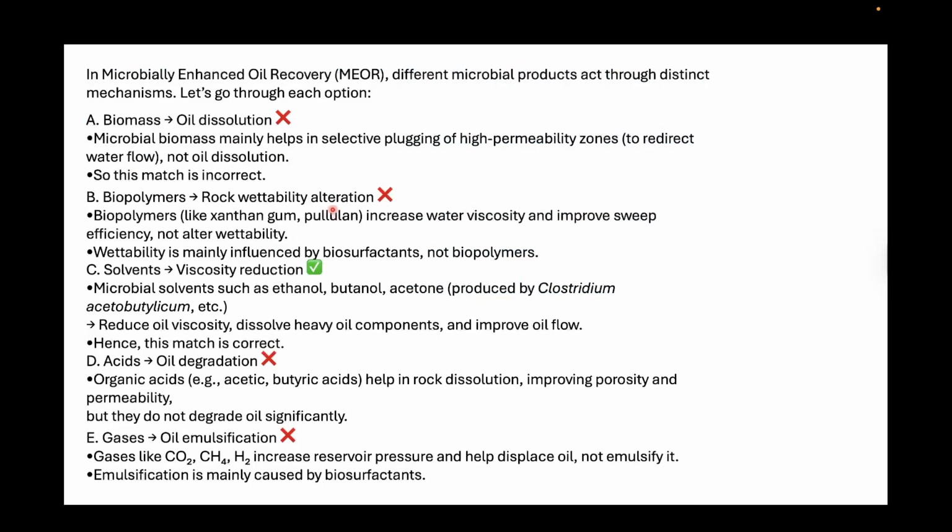Biopolymers, rock wettability alteration. Biopolymers like xanthan gum are used in the injection well to increase the water viscosity and improve sweep efficiency, not alter wettability. So improving the sweeping efficiency of the oil and water towards the production well.